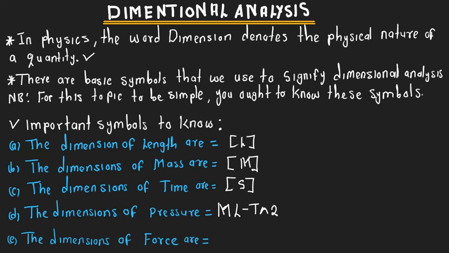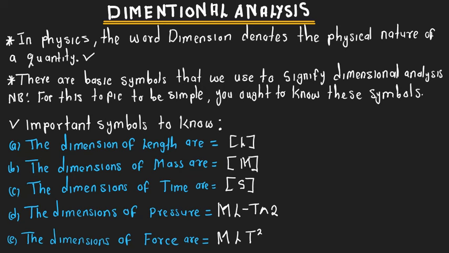What are the dimensions of force? The dimensions of force is simply the dimensions of mass, which is letter M, then the dimensions of length, which is big letter L, and the dimensions of time, which is big letter T squared. Now you may ask me how I came up with the dimensions for force.